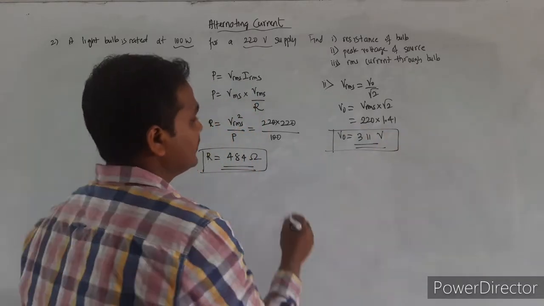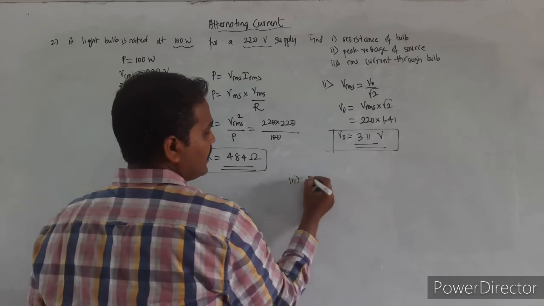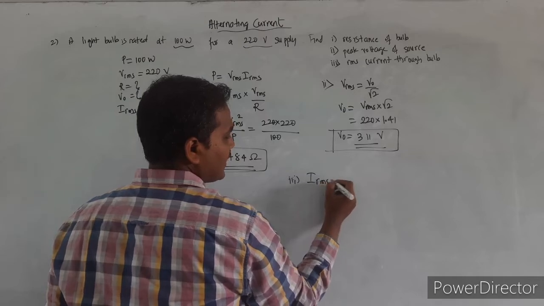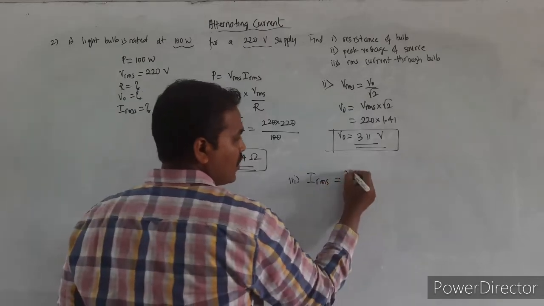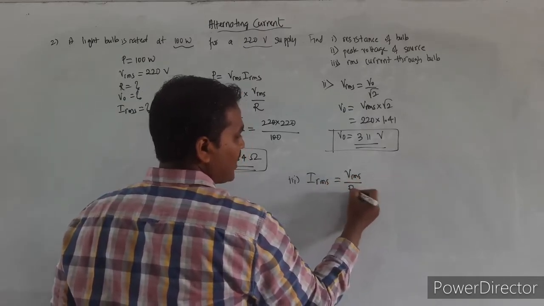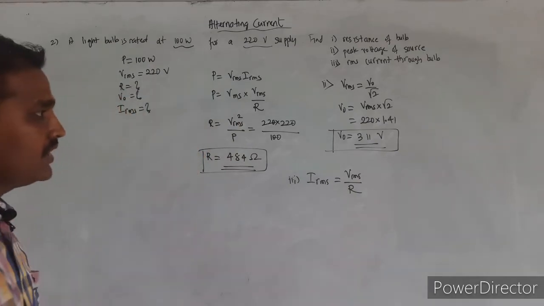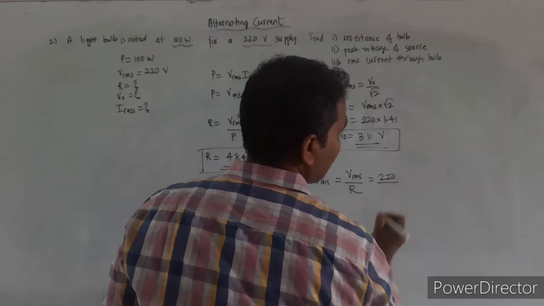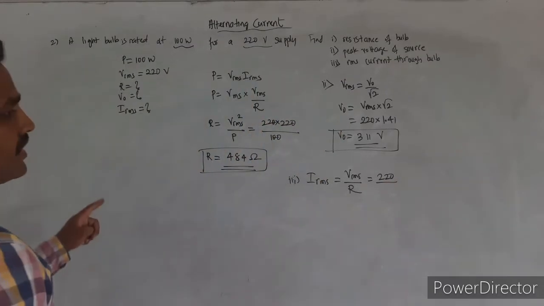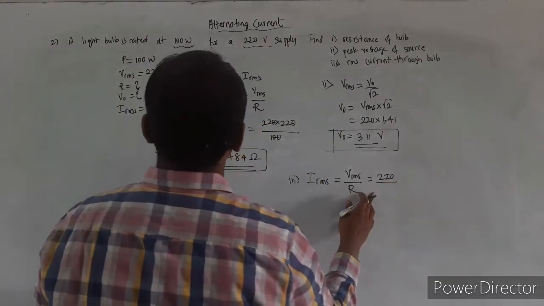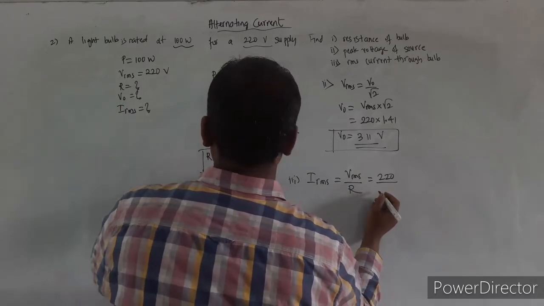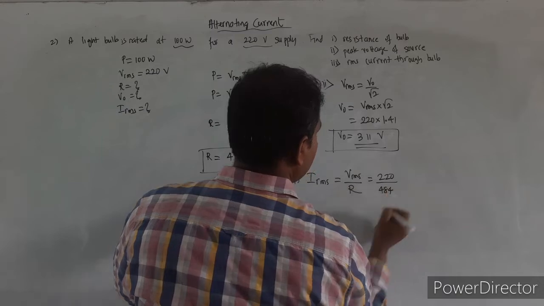Then the third point, we have to find the RMS value of the current through the bulb. For that I can take IRMS is equal to VRMS divided by resistance of the bulb. VRMS is 220 volt divided by the resistance of the bulb, which we have got as 484.